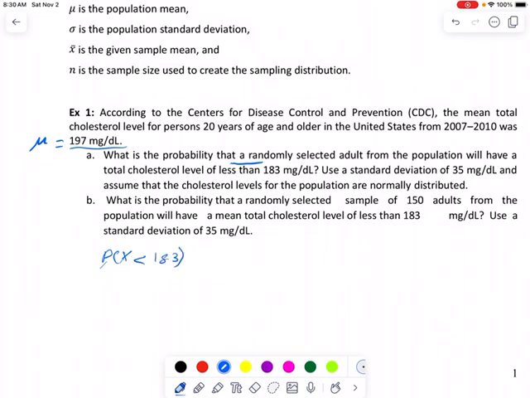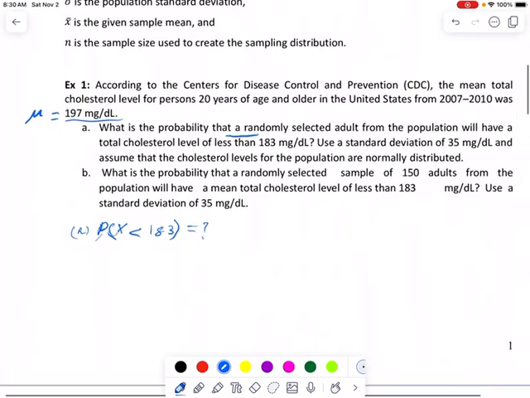So how do we do that? This is what we have been doing in chapter 6. We'll find the Z-score, and then we will go to the standard table and figure out our answer. So let's do that. This is what I want to find.